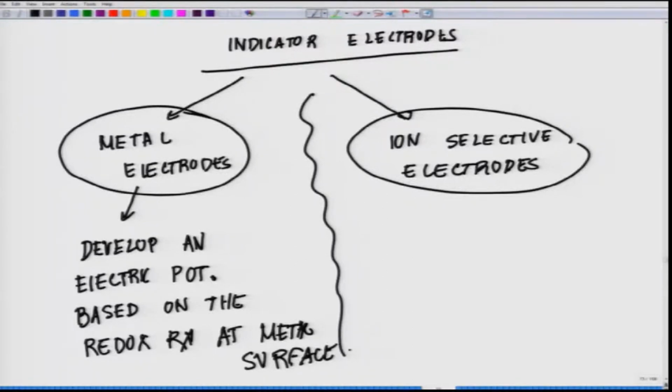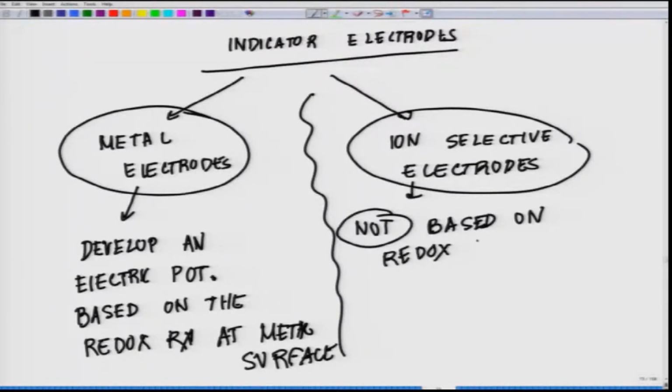On the contrary, when we talk about ion selective electrodes, they are not based on a redox reaction or redox process.